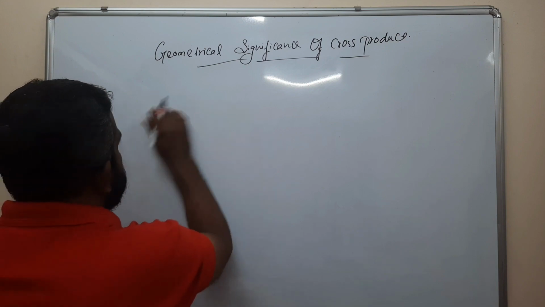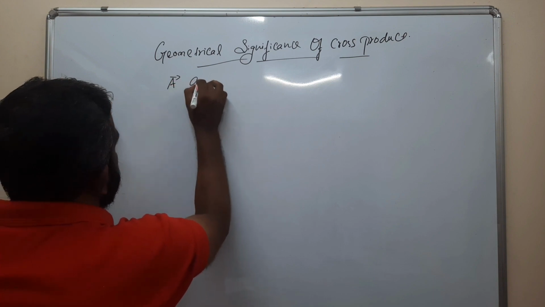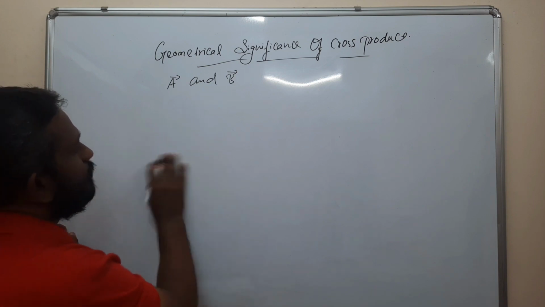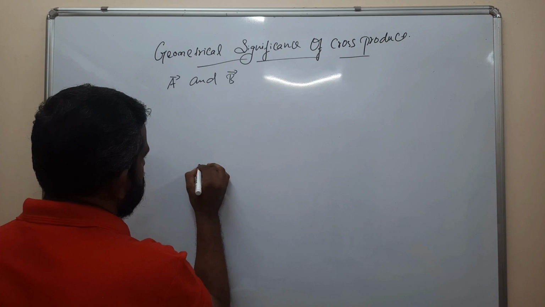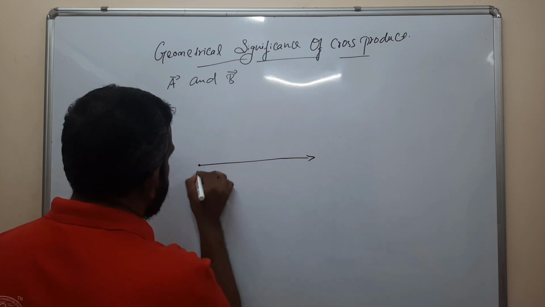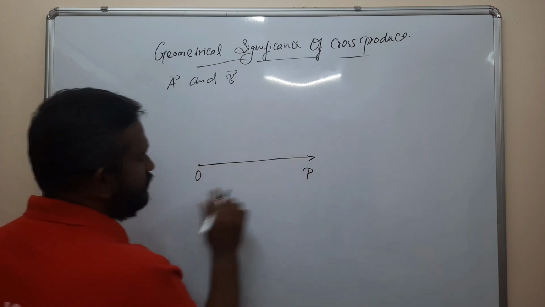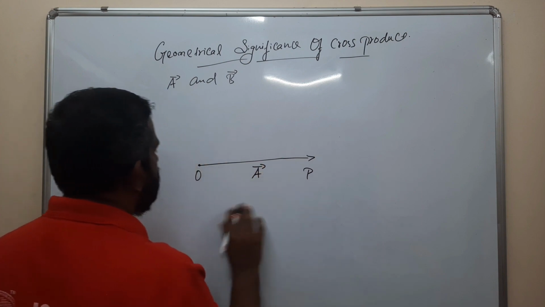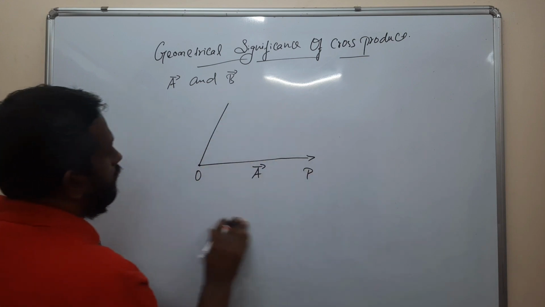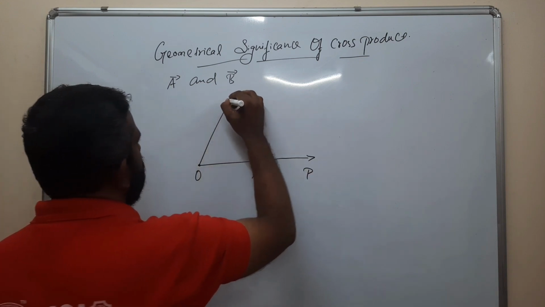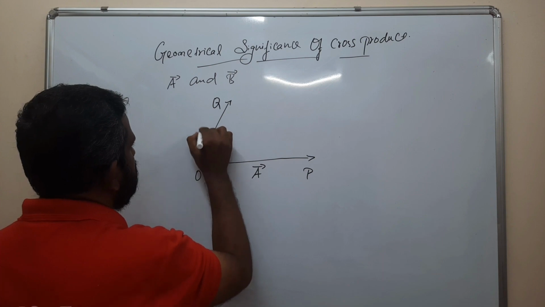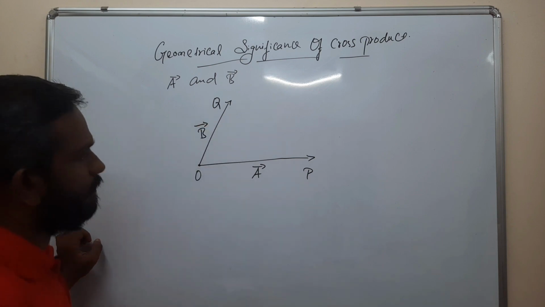This is the origin O. OP is the A vector. OQ is the B vector.